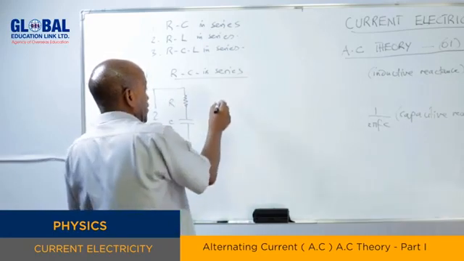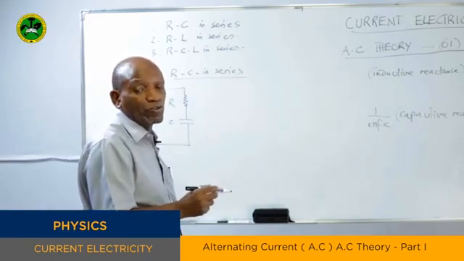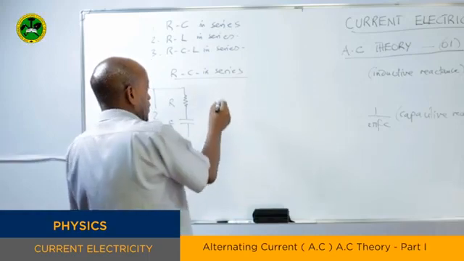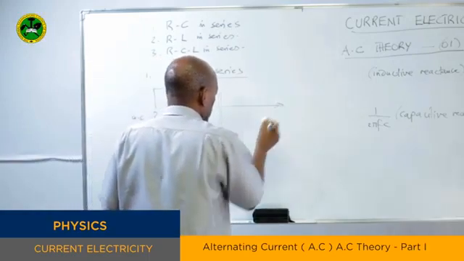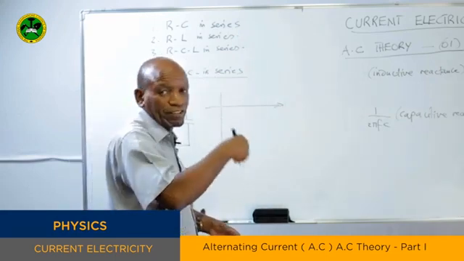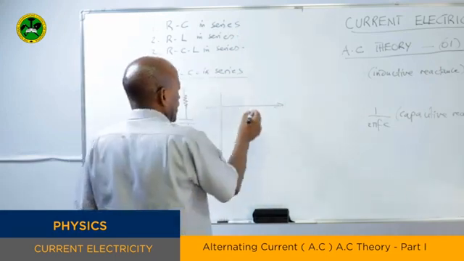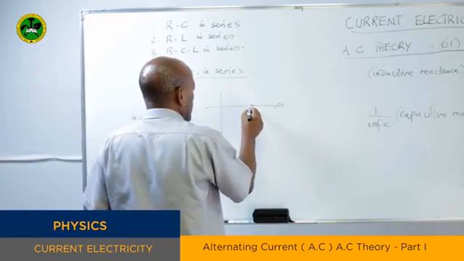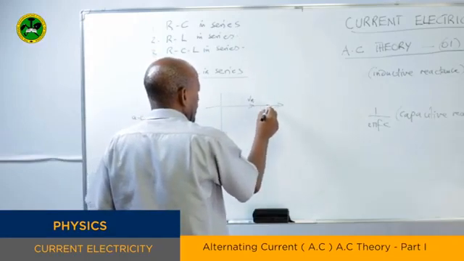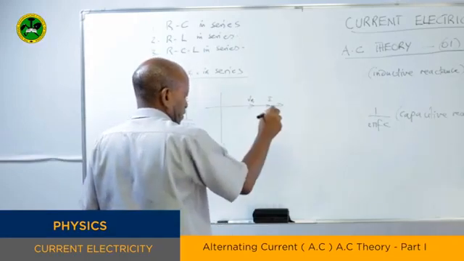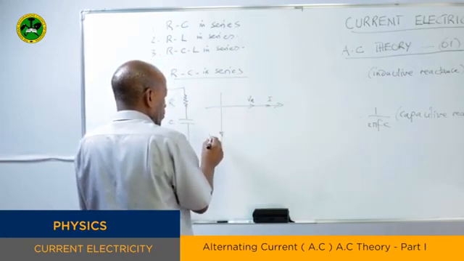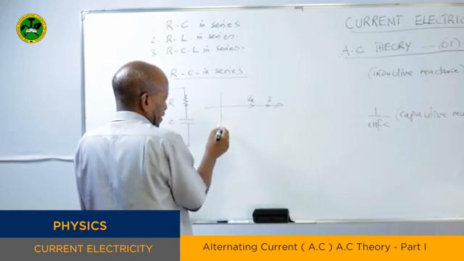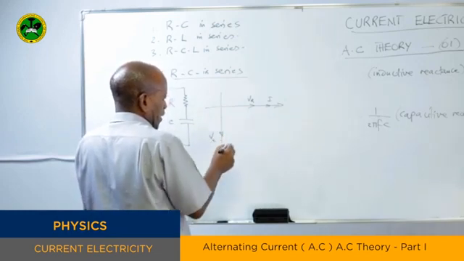So the resultant can be shown by a phasor diagram, which I can draw quickly, as we just have rotating vectors. If this is the voltage and current through the resistor, they are in phase, then the voltage through the capacitor lags behind by 90 degrees, so it will be moving like this.